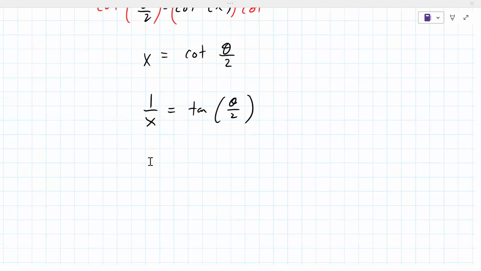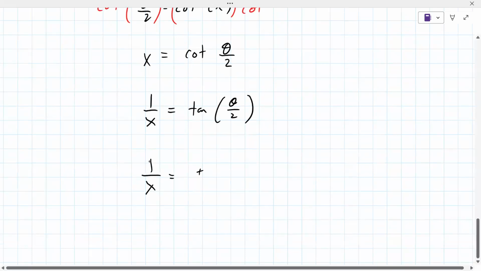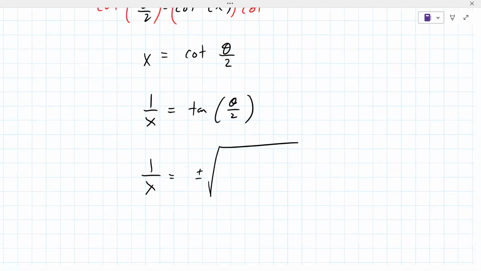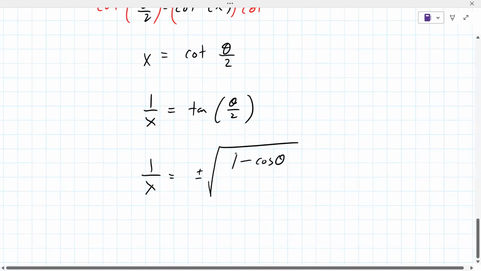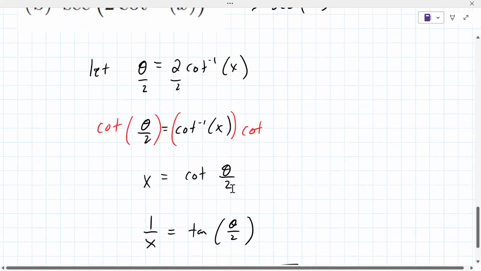So where we're going with this is that 1 over x equals plus or minus the square root of, sorry, I'm looking for my reference sheet, 1 minus cosine theta over 1 plus cosine theta. So this is still awful. This is not typically the direction that these things go.